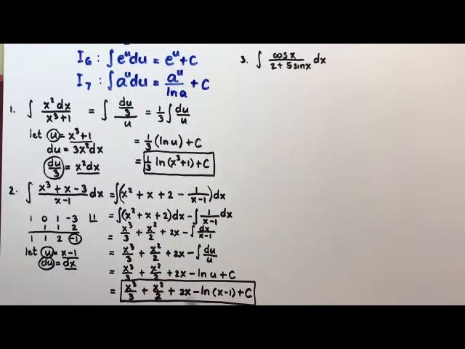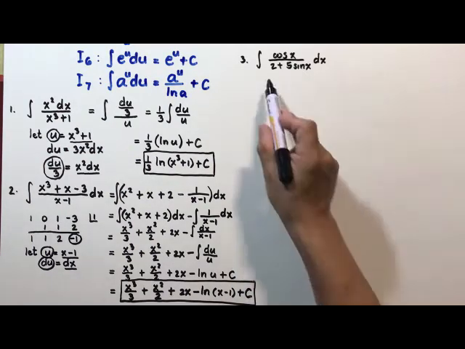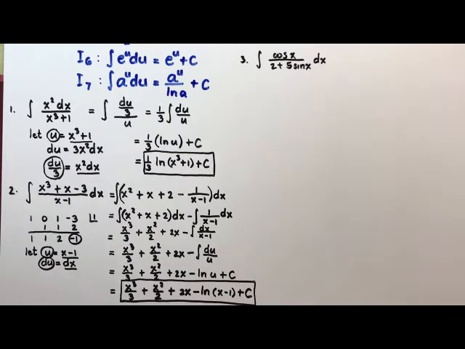So what you will do is just to assign some expression there to your variable u. So what could be your u? Your u is a set of expression wherein the du must be there in the integrand.